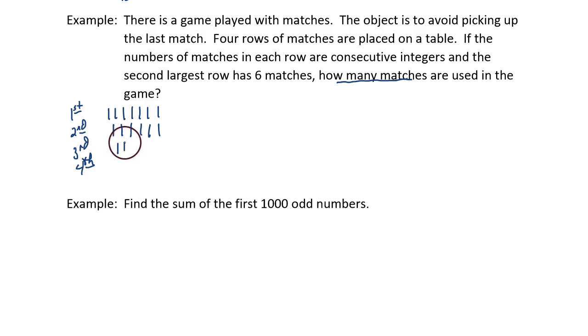This one has 5 matches, and this one has only 4 matches. To find the total number of matches, add up the lines. This is 7 plus 6 plus 5 plus 4, 22 matches.